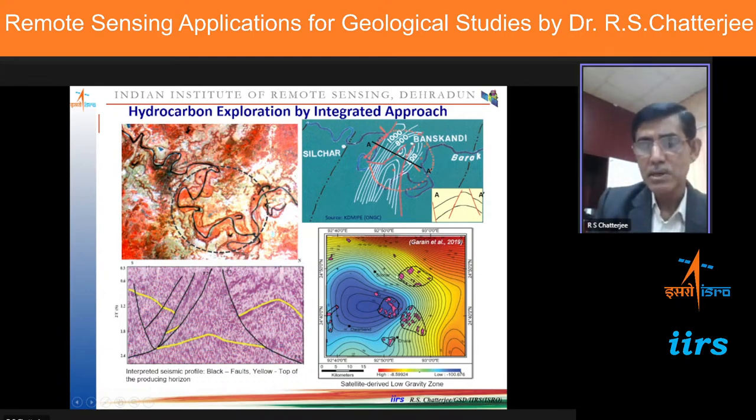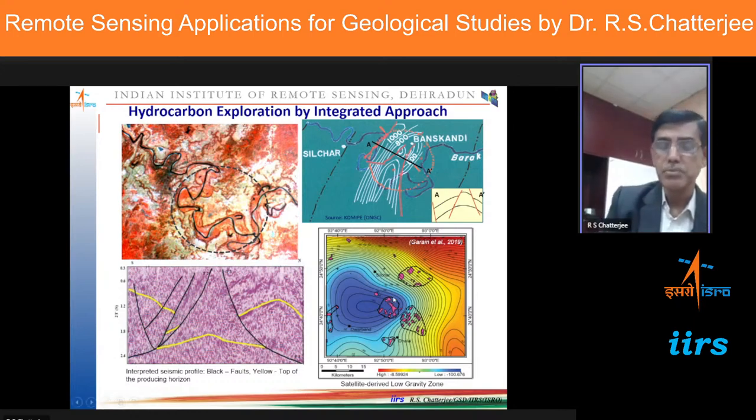And then there are some spaceborne geophysical parameters like gravity. Sometimes it helps to identify these wide oil fields, because a wide oil field means a low gravity zone. So in a low gravity zone, you can identify where these oil fields can be.